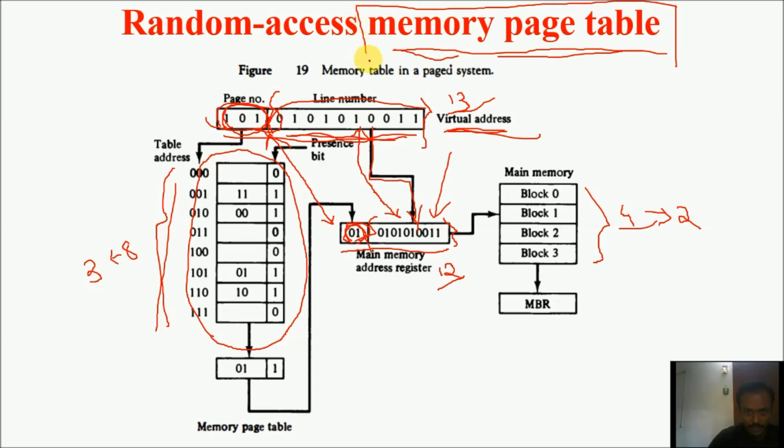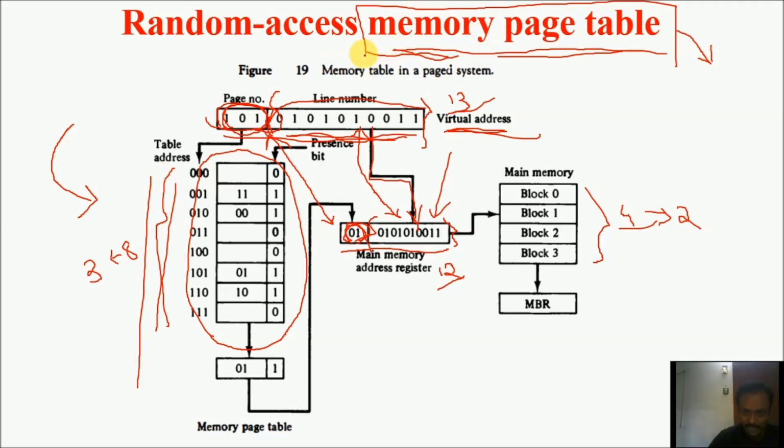And how can we reduce this space? This memory table also will be stored in some memory location. So if this memory table size is very large, then that will be a disadvantage. So you have to use such a technique that the size of the memory table should be small.